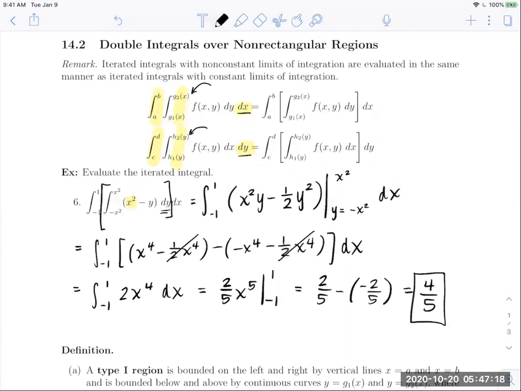All right. So as you can see, the process of carrying out the integration really is no different than it is in 14.1, the only exception being that we're plugging in variables rather than numbers. The tricky part about this section is not the integration, but is actually setting up the integral, and in particular, finding those limits of integration.